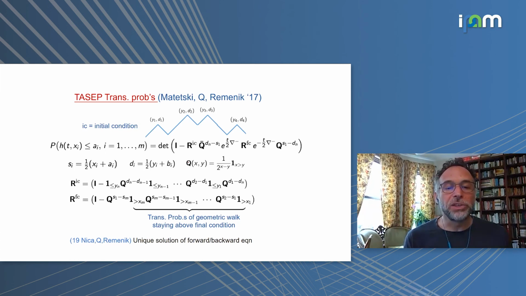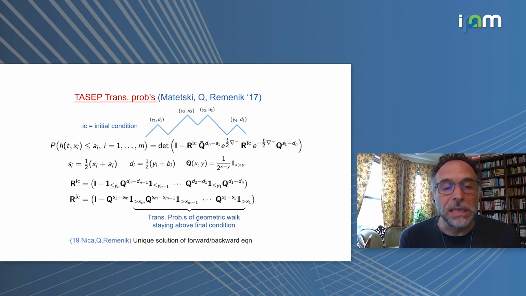And in the initial condition, it's the same type of thing, but it's forced to stay below the initial condition. So just saying this again, this is an operator, and the UV element of the operator is the probability to start at U, to get to V, and stay above the final condition or below the initial condition.